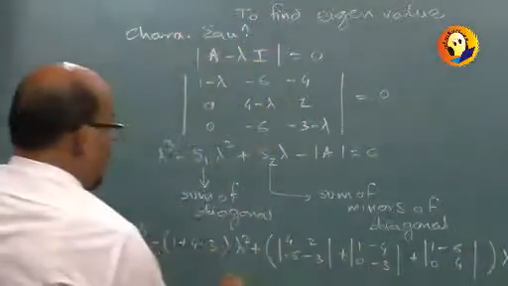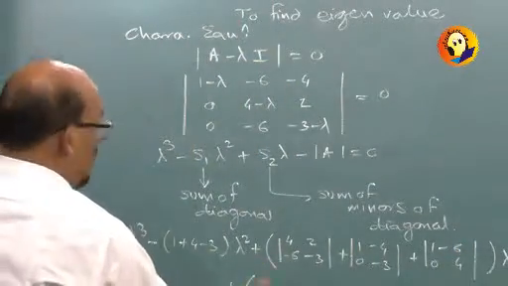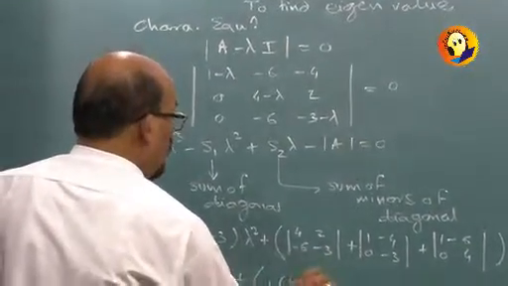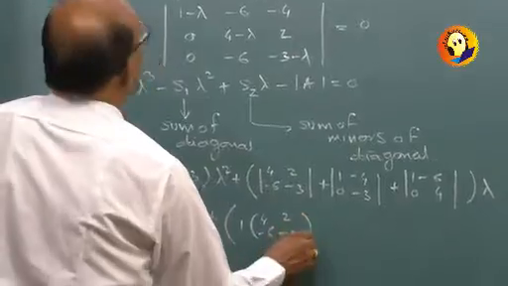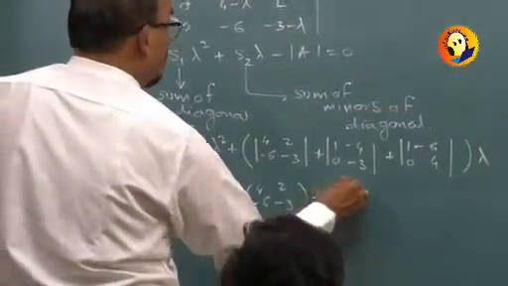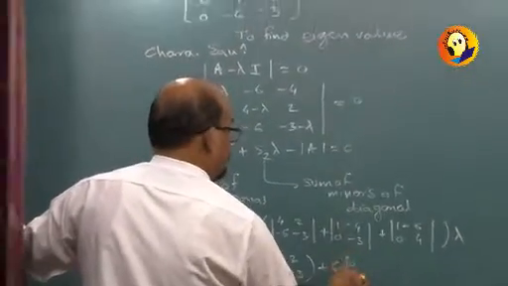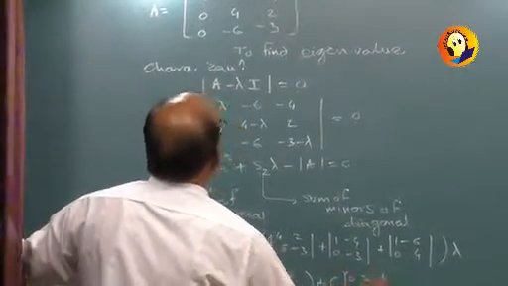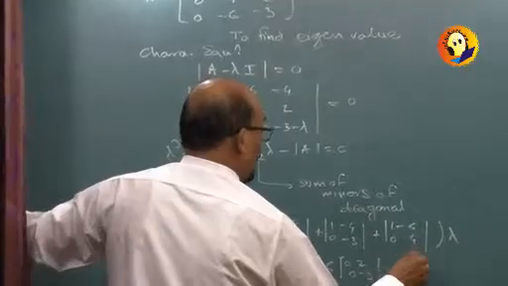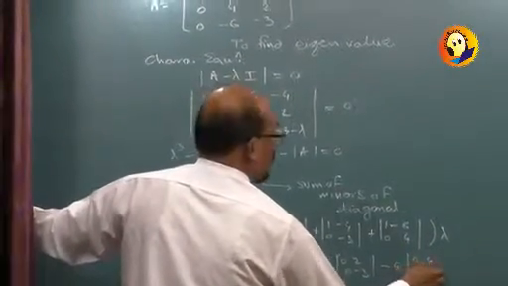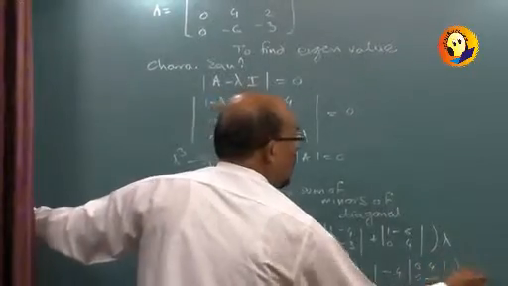lambda, and plus the value of the determinant, it will be 1 into bracket 4 2 minus 6 minus 3, plus 6 into bracket 0 2 0 minus 3, minus 4 into bracket, it will be again 0 4 0 minus 6, equal to 0.